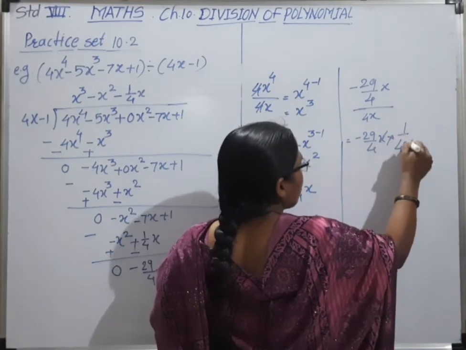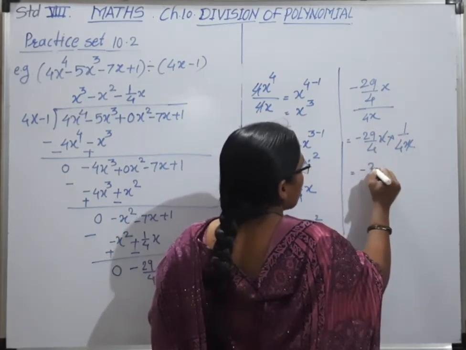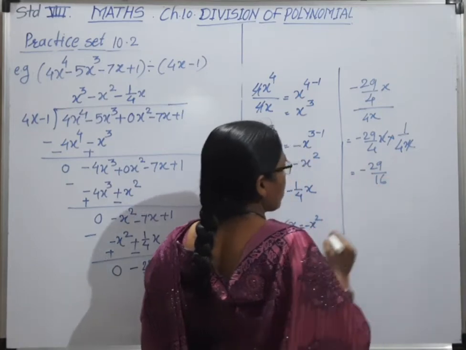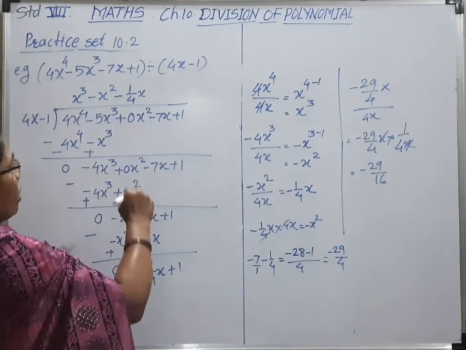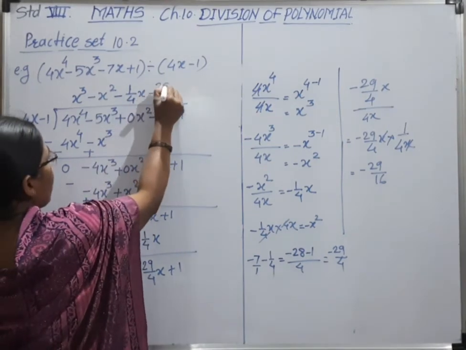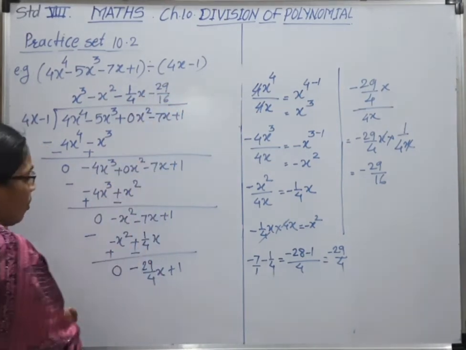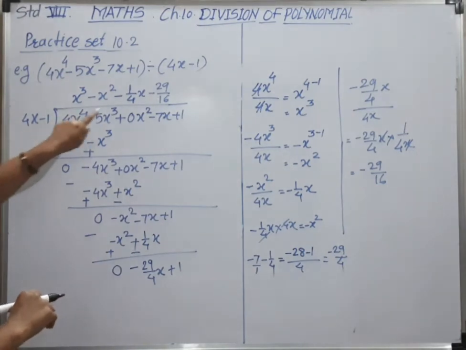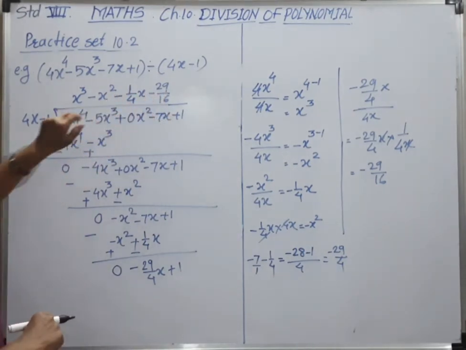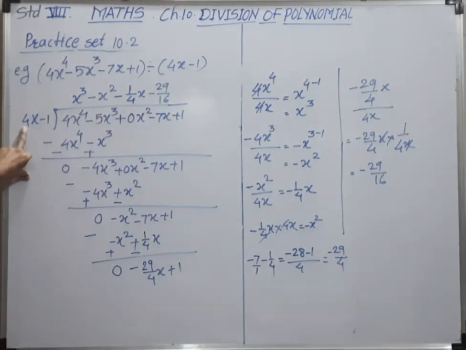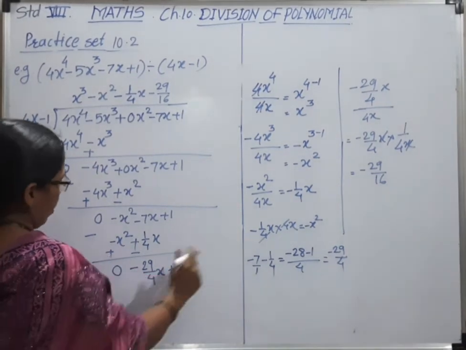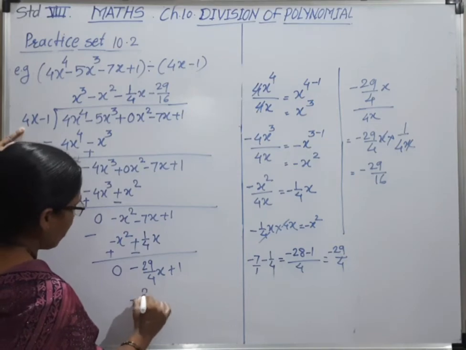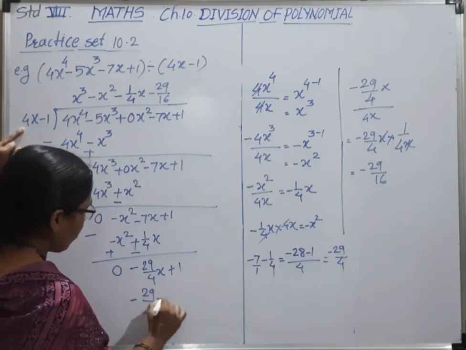This x will cancel and you will get minus 29 upon 16. So here it will come minus 29 upon 16. When we multiply minus 29 upon 16 by 4x, you will get the same number as we learned. So here I am writing directly minus 29 upon 4x.